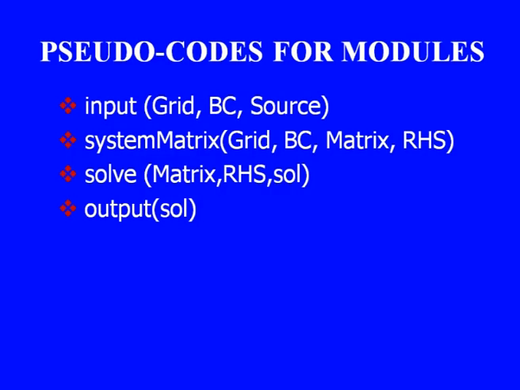Now we should go for the pseudo codes for modules. Whenever we want to write a program, the very first step is to write a pseudo code. Pseudo code is a simple description in everyday English language, which can be easily translated into our computer code lines.